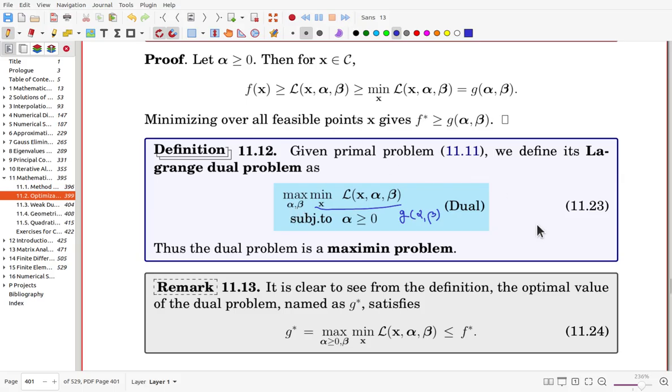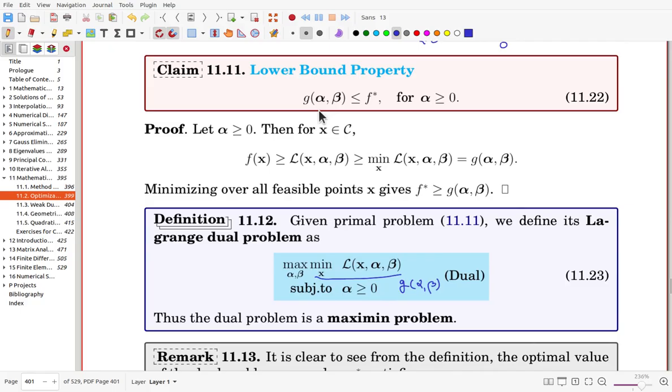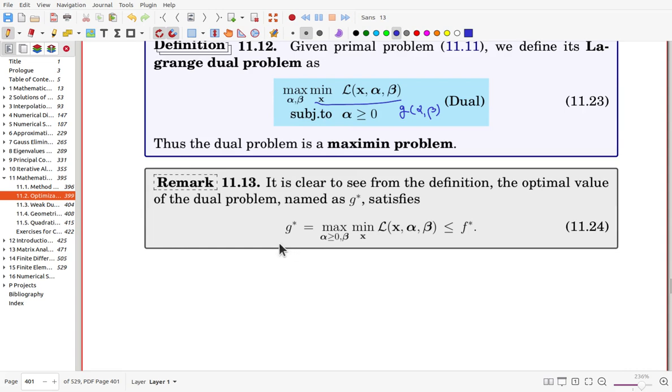But earlier, we know that for every possible alpha beta, which is non-negative, this function is always below the primal optimum. So even though you take the maximum over alpha beta, it is still below. So we say g star is the optimal value for this maximum problem, but it is bounded by f star. Right? Okay.